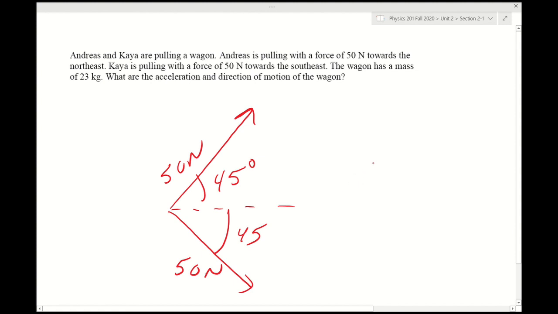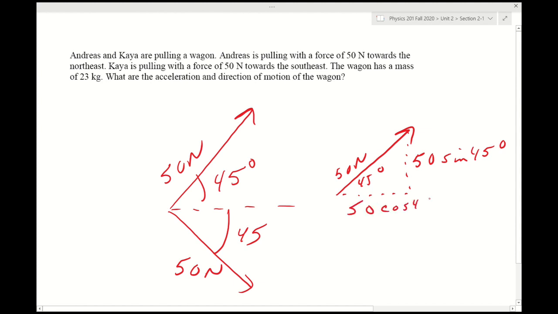If we were to resolve both of these vectors separately into their components, we would end up with 50 newtons times the sine of 45 degrees and 50 newtons times the cosine of 45 degrees.